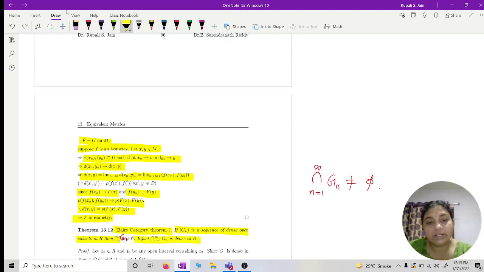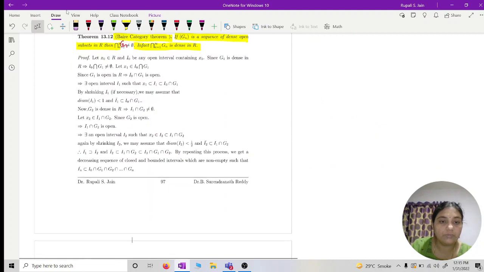What the Baire Category theorem says is that if Gn is a sequence of dense open subsets in R, then their infinite intersection is non-empty, and that infinite intersection of Gn is also dense in R. So how will we prove this?